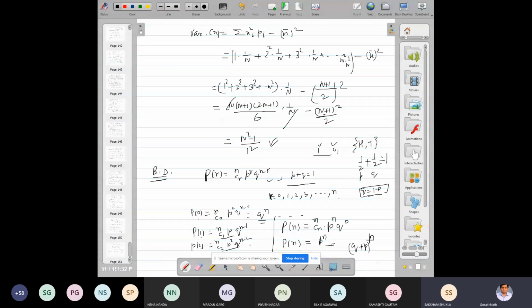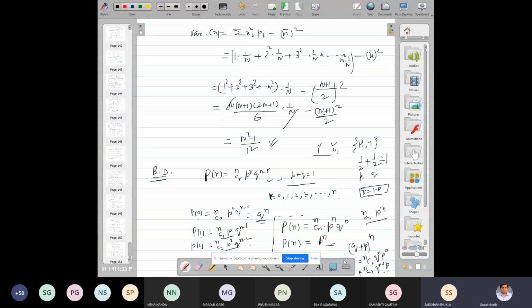If we consider the binomial expansion of this, then we obtain nC0 q to power n p to power 0 as the first term, and the second is nC1 q to power n minus 1 p, and so on, up to the nth term nCn q to power 0 p to power n.